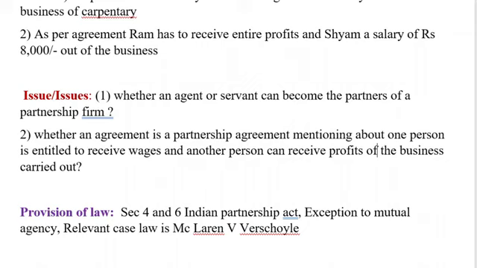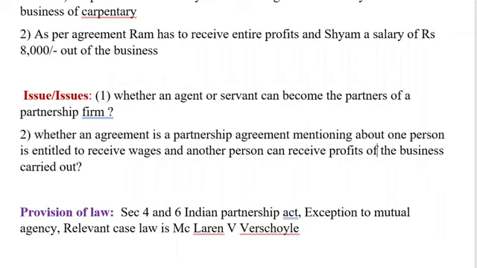Even though a servant can share the profit also, he cannot become the partner. So that is very much relevant to ascertain whether a servant or an employee can become the partner of a partnership firm.